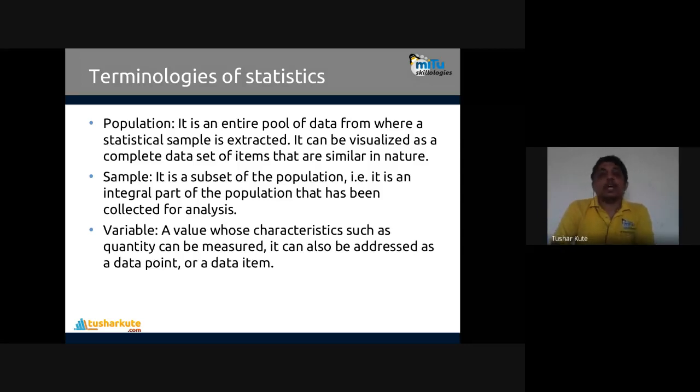Make sure. And then the third is variable. What is a variable? A variable is a value whose characteristics, such as quantity, can be measured. It can be addressed as a data point or a data item, a single value present in the data set. Like I have a data set of students which contains roll number, name, marks, class, age, gender.